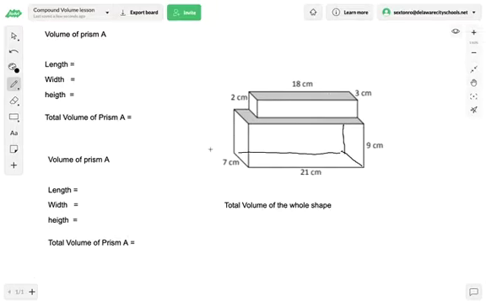entire shape. But if you look closely, a lot of you have probably already noticed that it's not just a random shape, it's actually made out of two pieces. There's this piece here. And then there's this other piece that's down here.